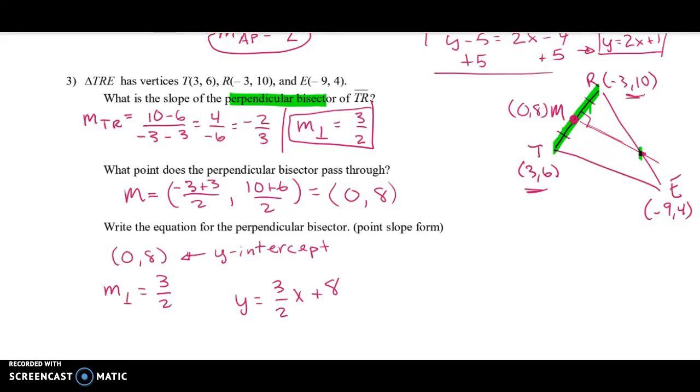So you also had to know this perpendicular relationship, and then you had to use the midpoint formula again. So this is midpoint. So same pattern, slope, midpoint, and then equation. Okay, the other side will go in another video.